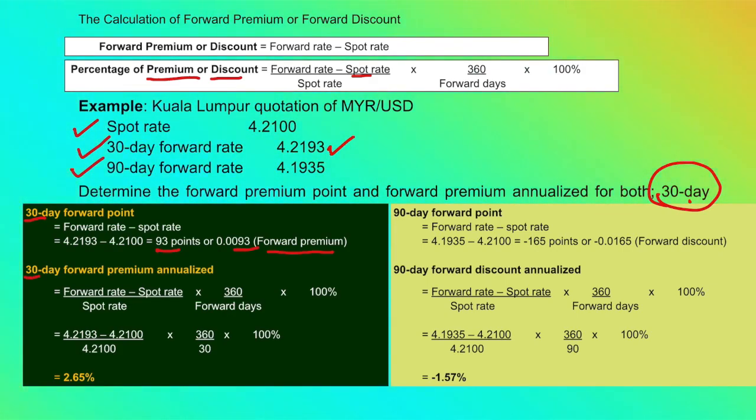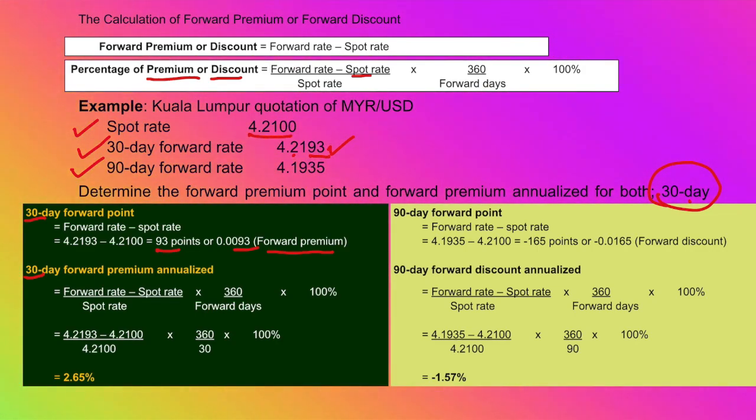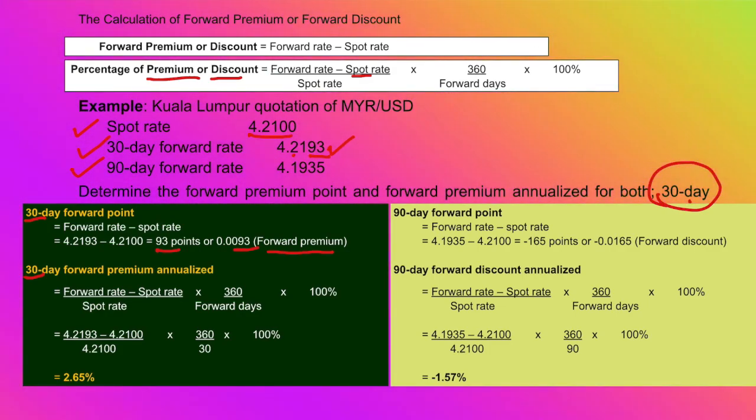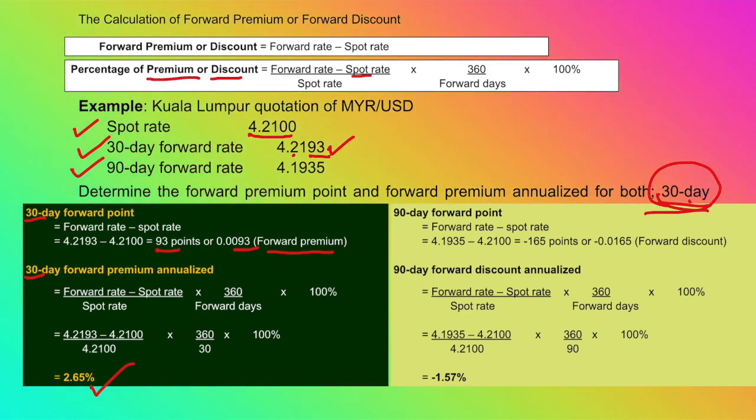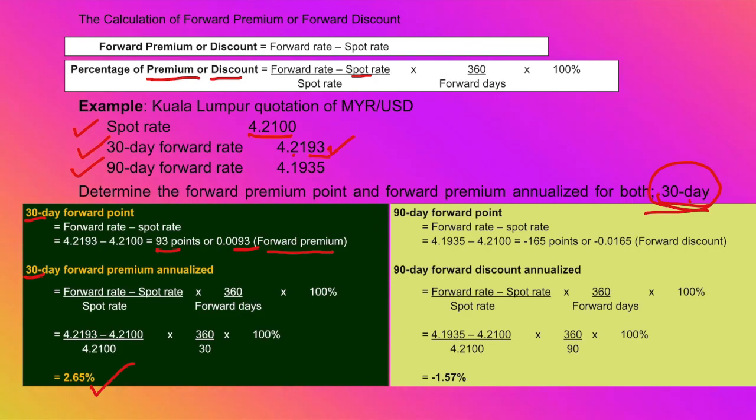So for 30 days, forward rate is 4.2193 minus 4.2100 divided by spot rate 4.2100 times 360 divided by forward days, which is 30 days times 100%. So the answer must be 2.65%. That is for 30 days forward point.